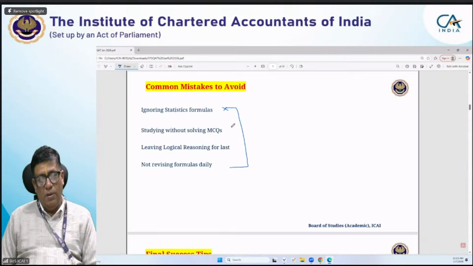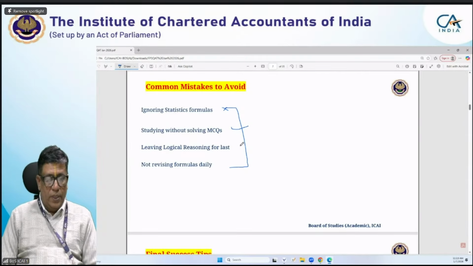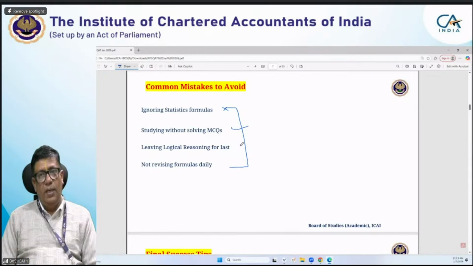And studying without solving MCQs: you have to prepare MCQs. Leaving logical reasoning for last means, from the examination point of view, when sitting in the examination you can see the logical reasoning questions and complete them.